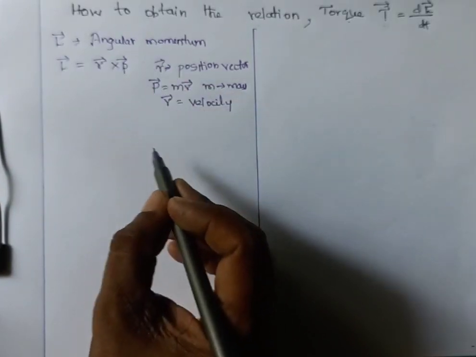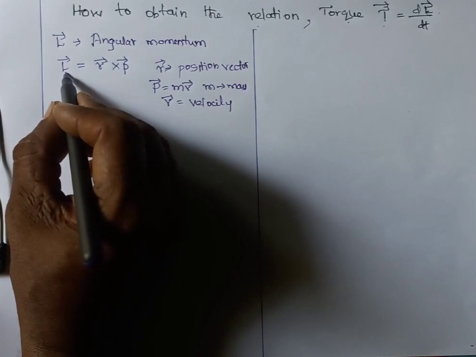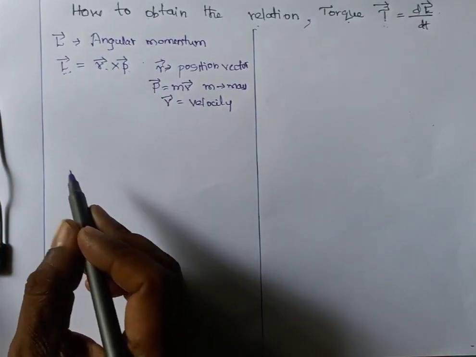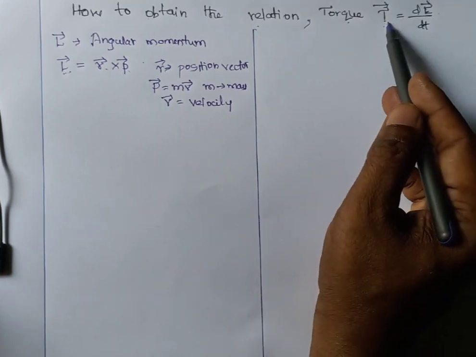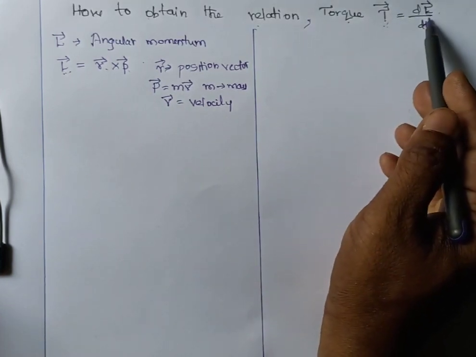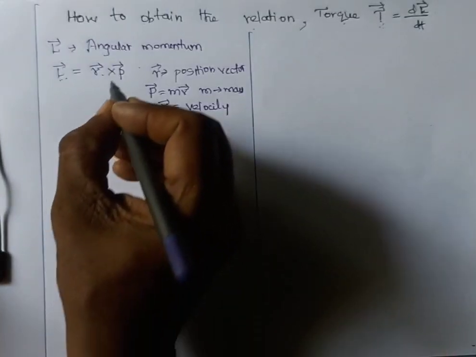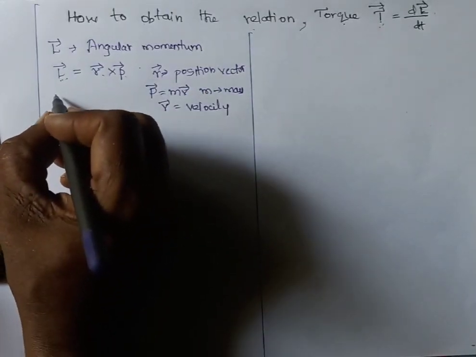Vector L is equal to vector R cross vector P. In order to get the relation between the torque vector tau and angular momentum vector L, we should differentiate this above equation.